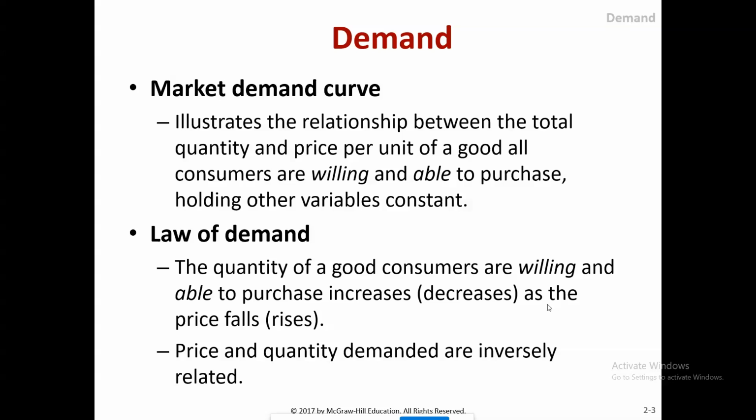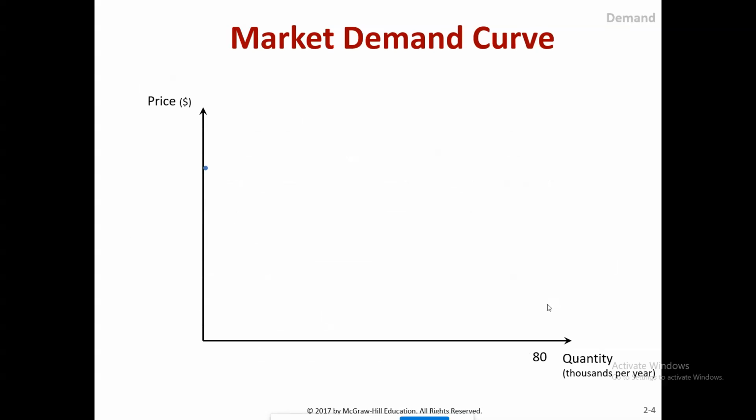Therefore, the quantity demanded increases. So this is the buy-low part. In the law of supply, we'll talk about sell high. Okay, this is the law of demand. Price and quantity demanded move in opposite directions. There's an inverse relationship between the two of them.